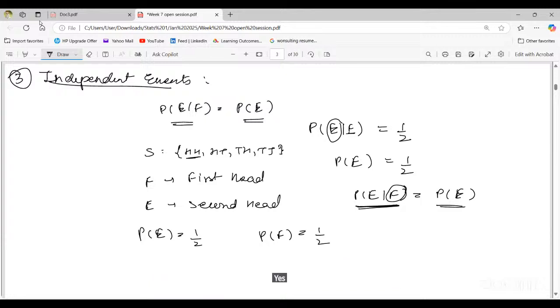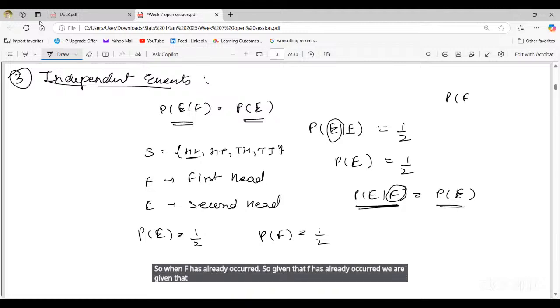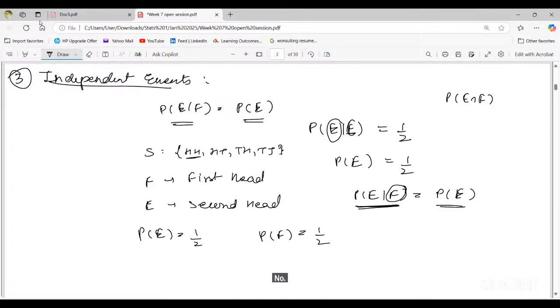So given that F has already occurred, you have to find out the probability of E. So only HH remains. There will be only one, right?